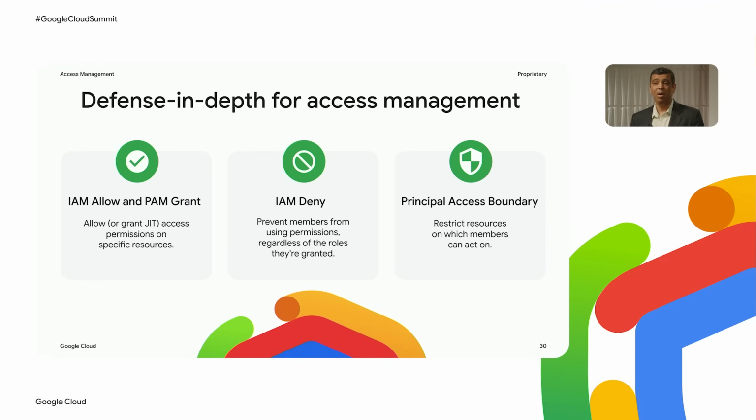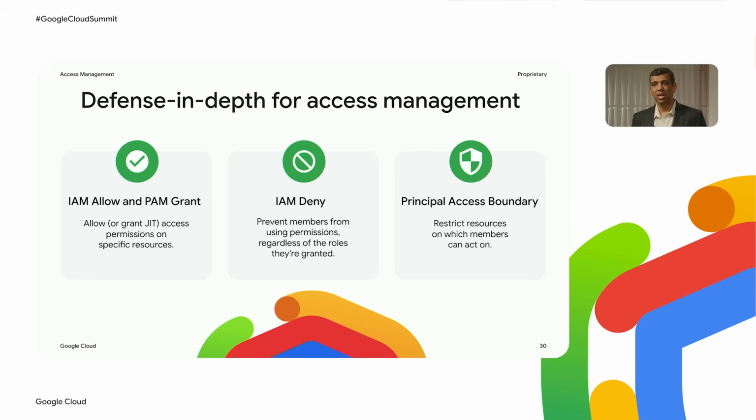At the same time, we have PAM capabilities, which allow you to give very ephemeral permissions to the identities, meaning these permissions actually expire after a certain period of time. Building on top of it, we have IAM Deny capabilities, where you can deny access to a set of identities using these simple policies.